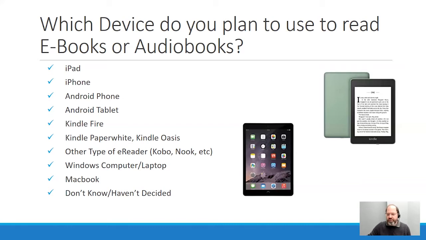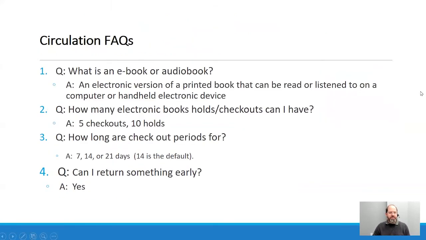So moving on. First of all, circulation FAQs. What is an ebook or audiobook? An ebook is an electronic version of a printed book that can be read or listened to on a computer or handheld electronic device.